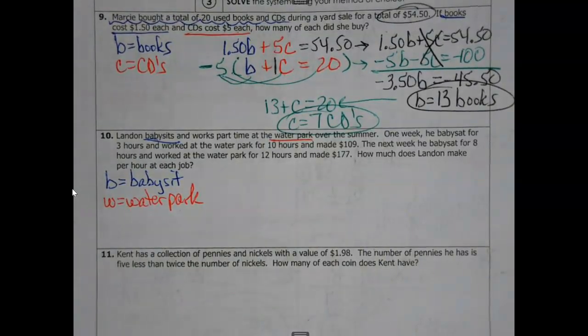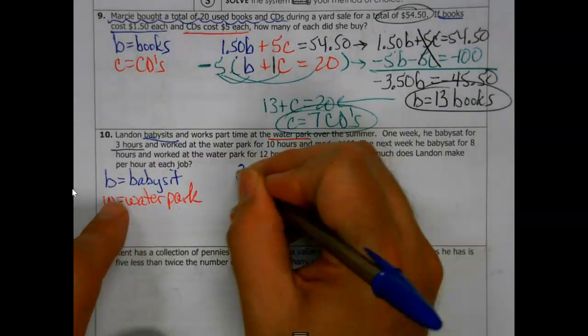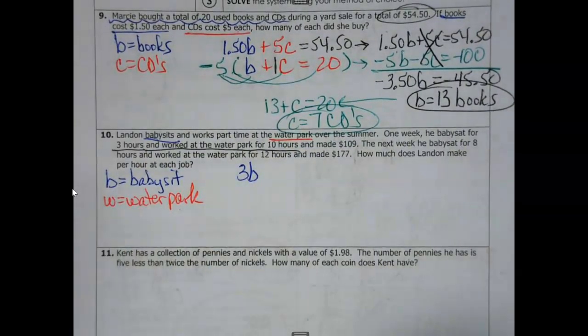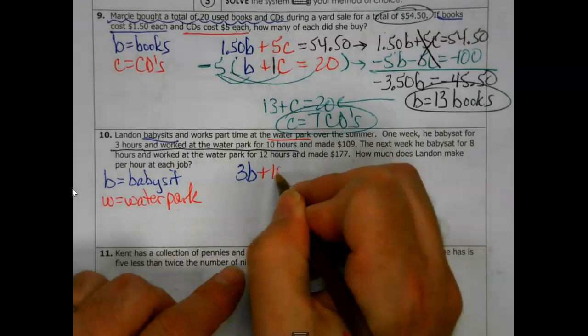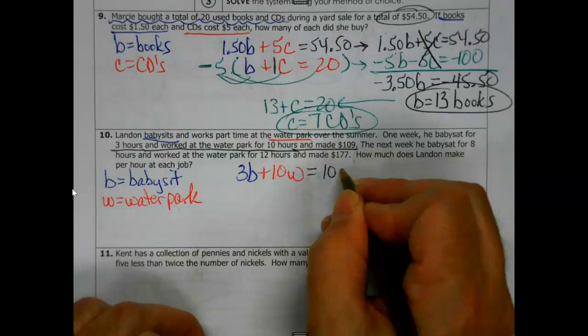Now this one works a little differently, because I start reading through this and it says, okay, one week he babysat for 3 hours, so that'd be 3B, and worked at the water park for 10 hours, that'd be 10W, and made $109.